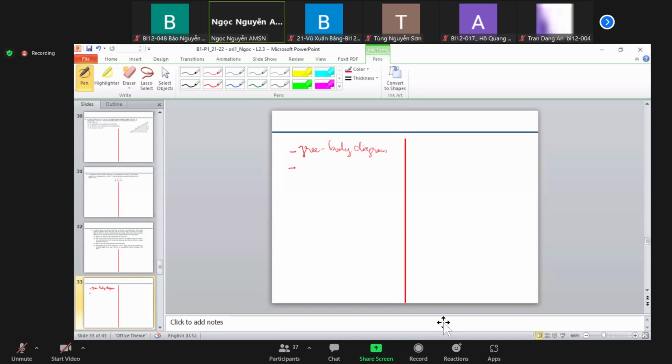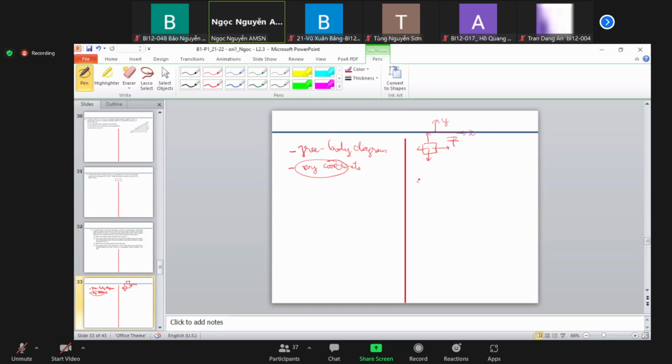And the second one, a very important step, is you have to define the x or y coordinate, okay? Very important, okay? Why? Because when I look at the solution you send me, I see that you have an object, you have many forces acting on it, and then you didn't define the coordinate, what the x, y directions are.